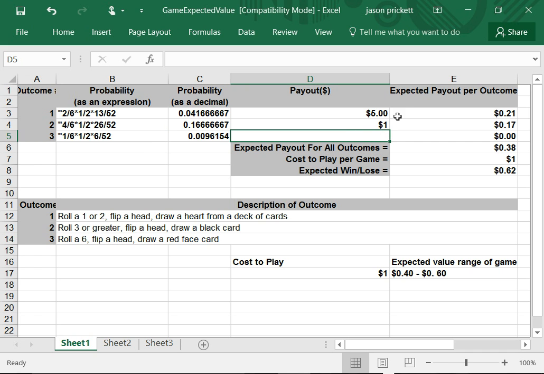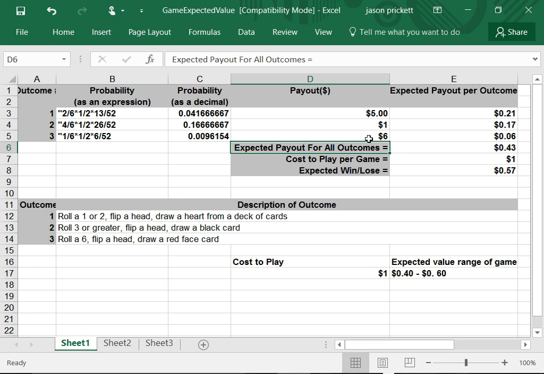So now, how much should I actually put in for the payout? Well, it's up to you, but maybe you put in $3. Well, that's not very much. Maybe $6.